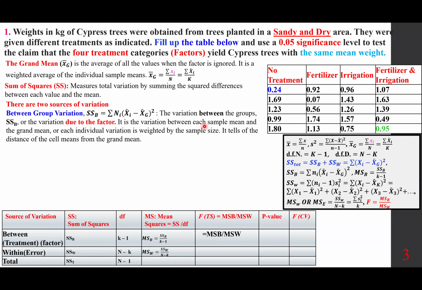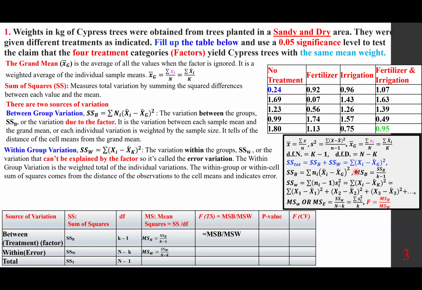It is the variation between each sample mean, x sub i bar, and the grand mean, x bar sub g, where each individual variation is weighted by the sample size. It tells of the distance of the cell means from the grand mean. So the mean from each group to the grand mean.